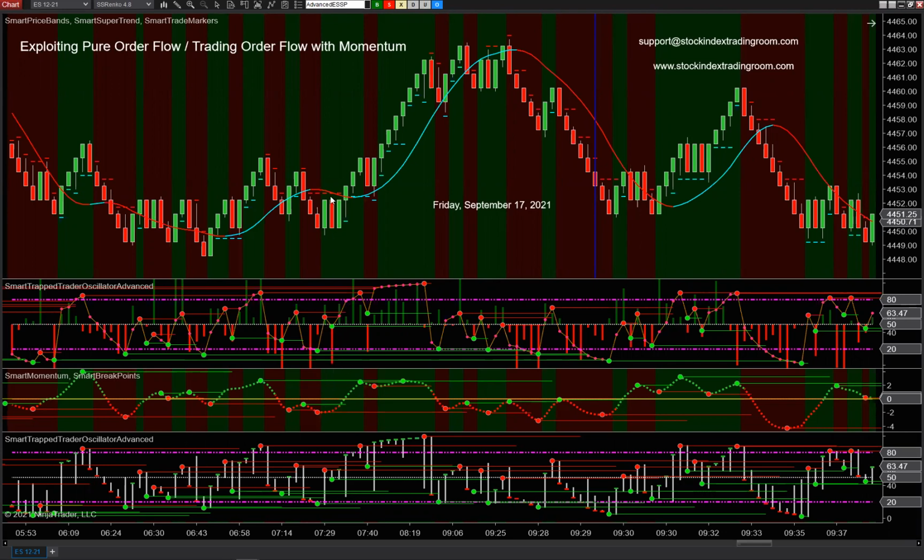Well, these people are going to get bamboozled, and of course they did. So you can trade from the congestion, you can trade after the breakout, but it's just this simple. Order flow is up until we start cycling below our midpoint line. And then you can see the market starts to come down.